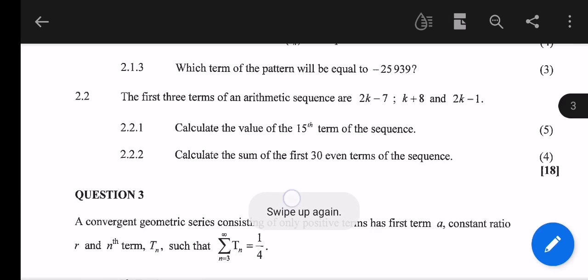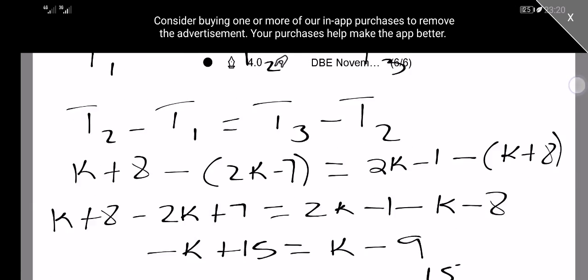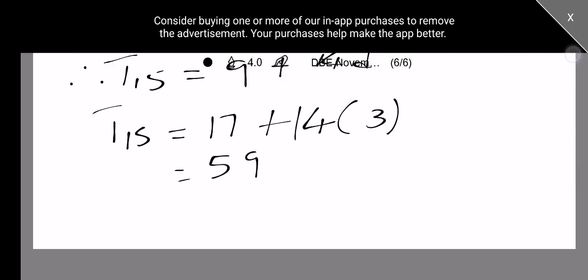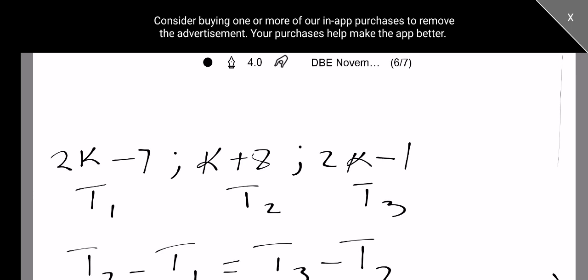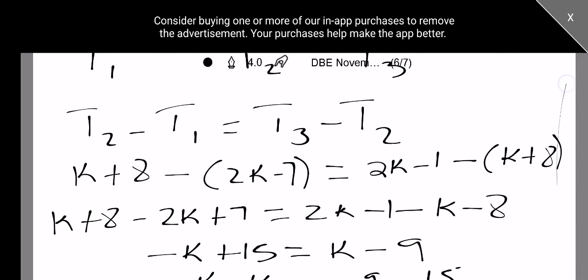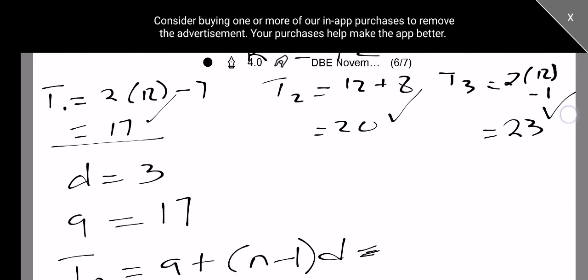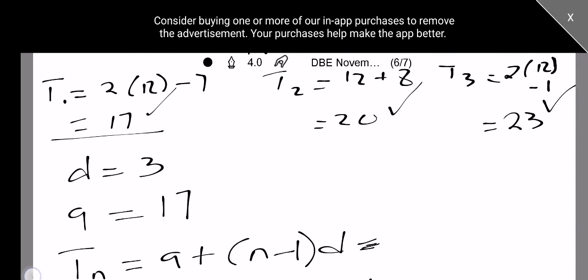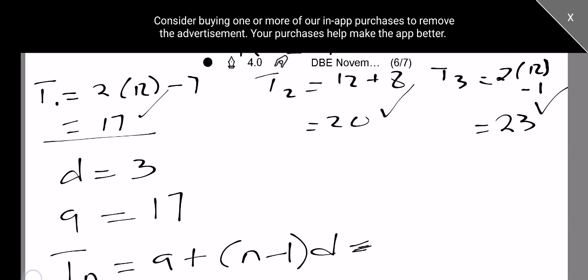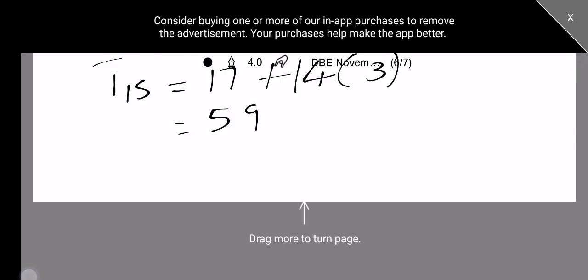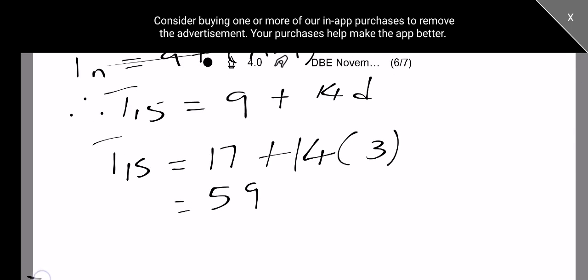Now guys, there's more than one way of solving this, of which the simplest and the first one is going to be, our sequence was 17, 20 and 23. The difference was 3. So let's go on to the next page.